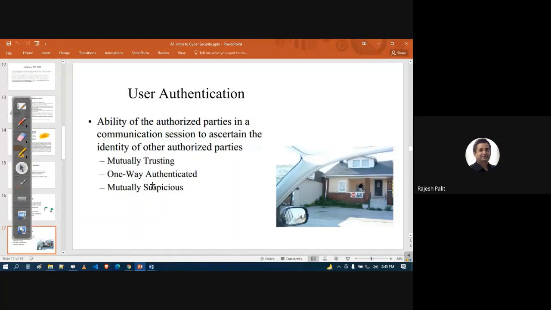And mutually suspicious means both parties must prove themselves to each other so that they become authenticated and trusted. I already mentioned that by using a missed call they can authenticate each other. You give me a missed call, so they understand that they are communicating because he has received a call from the same phone number.